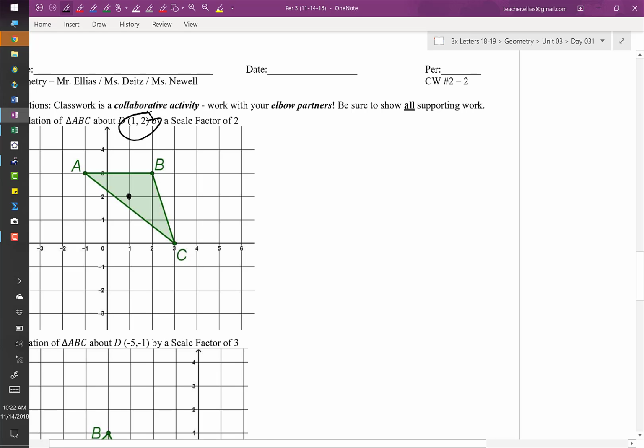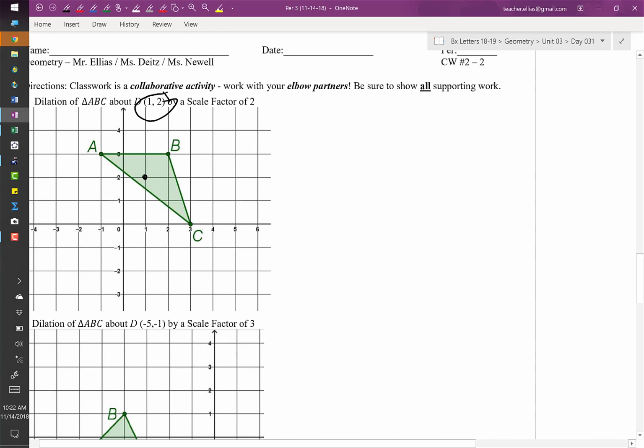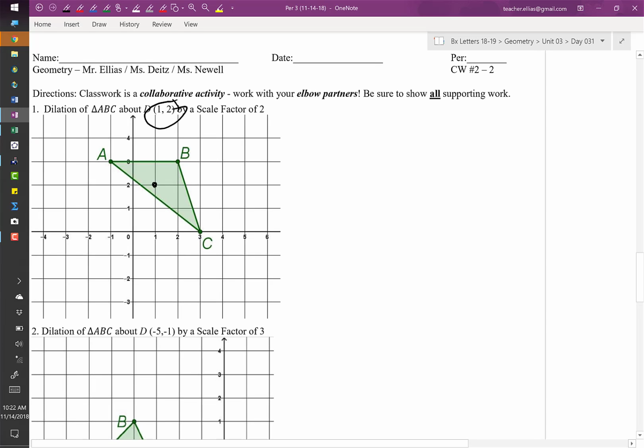But I like to show my work. So you're just going to plot points.